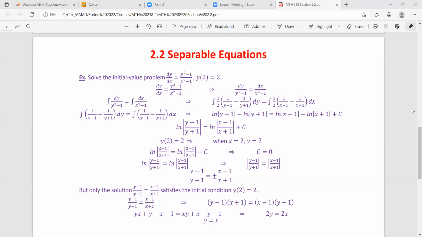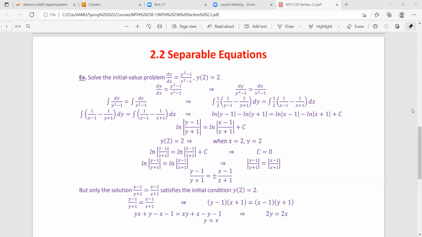So basically, you can factor y squared minus 1 as y minus 1 times y plus 1. And similarly, you can factor x squared minus 1 as x minus 1 times x plus 1. And then you can rewrite the fraction of 1 over y squared minus 1 as a difference with the denominators y minus 1 and y plus 1.